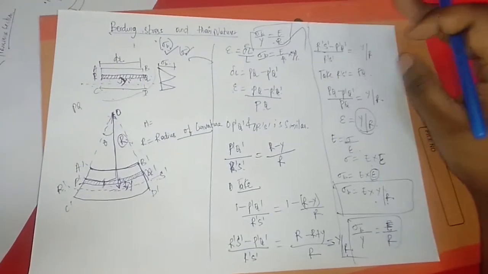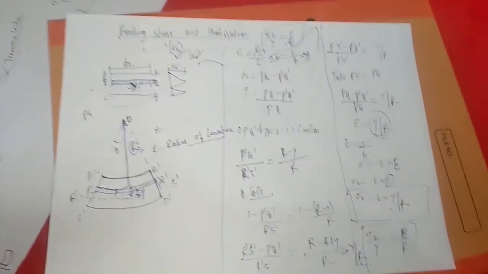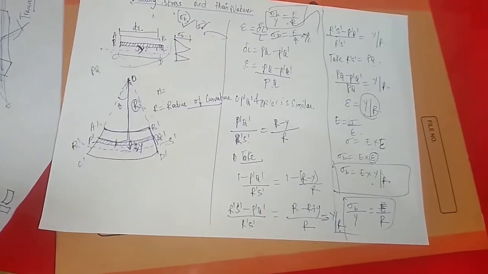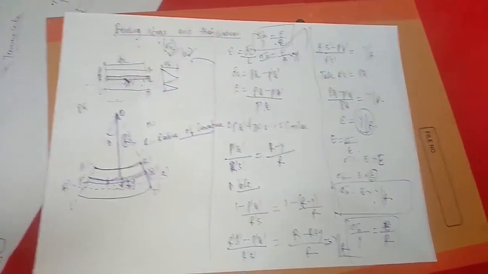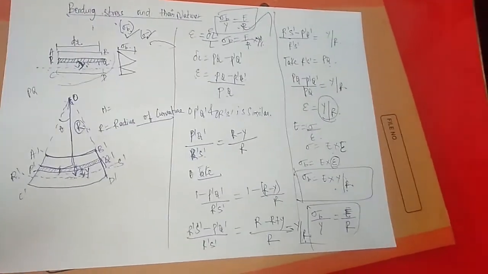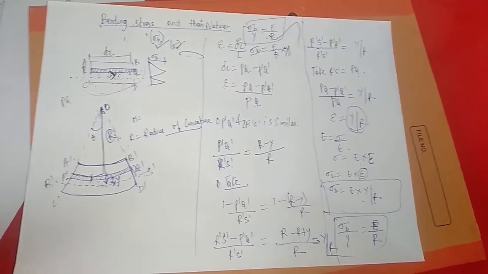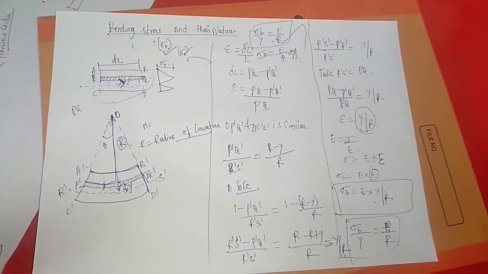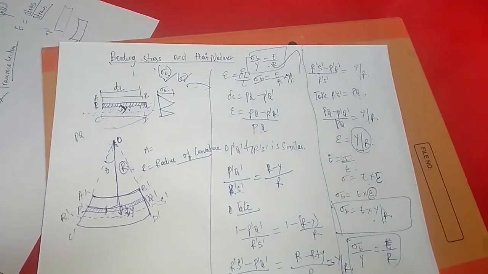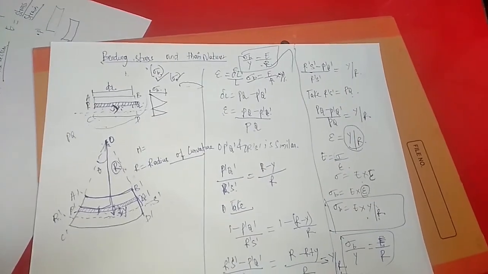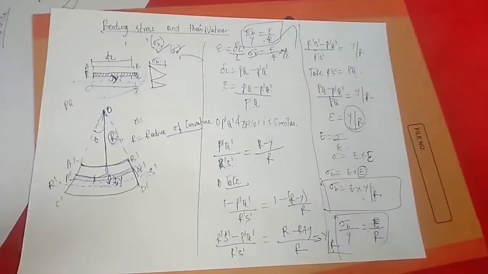So in this lecture we have studied simple bending, the assumptions of a pure bending beam, and the assumptions of the theory of bending. Next we studied bending stress and its nature. So bending stress sigma B is equal to E by R into Y, or we can write that expression as sigma B by Y is equal to E by R. Thank you, students.